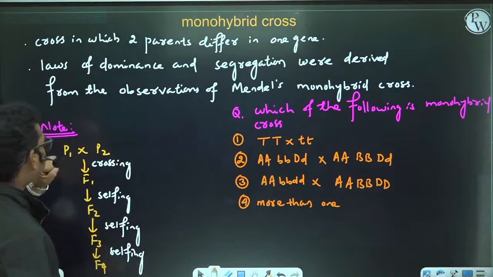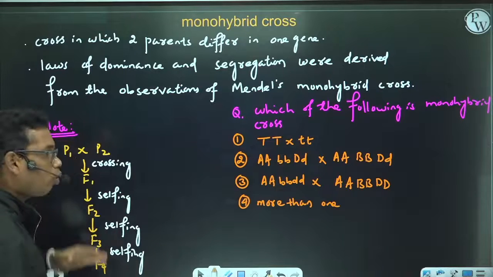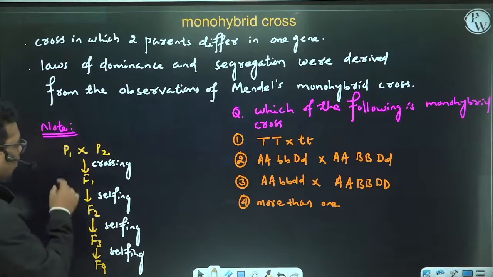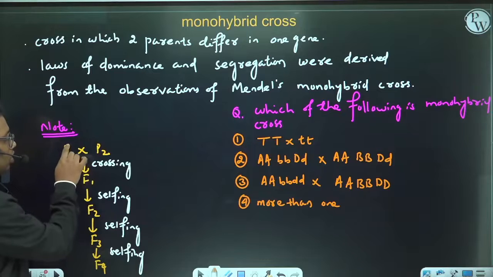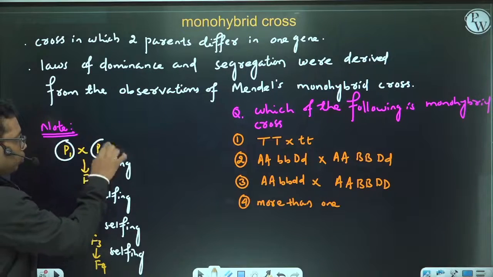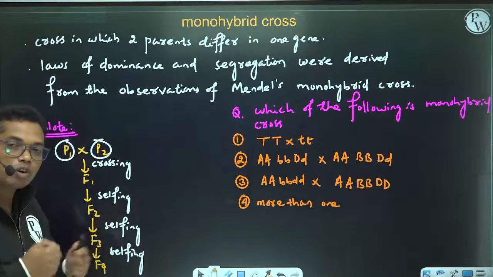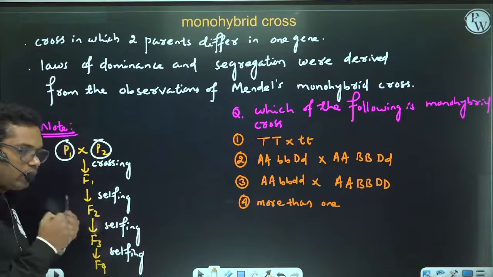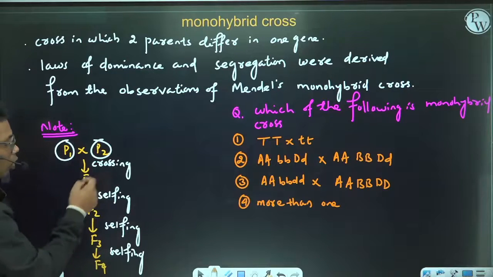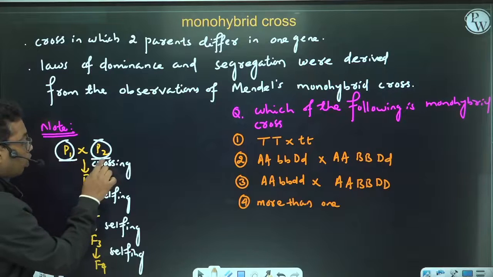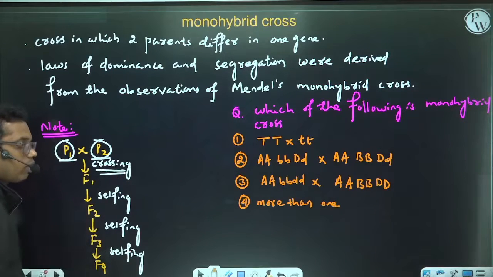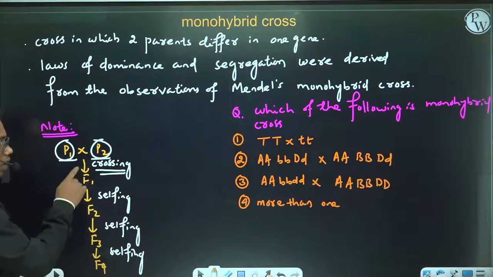One more thing you have to remember: if I write P1, P2, this means parent 1 and parent 2. When I perform crossing or pollination between parent 1 and parent 2, I have to perform cross pollination, and I will get the F1.